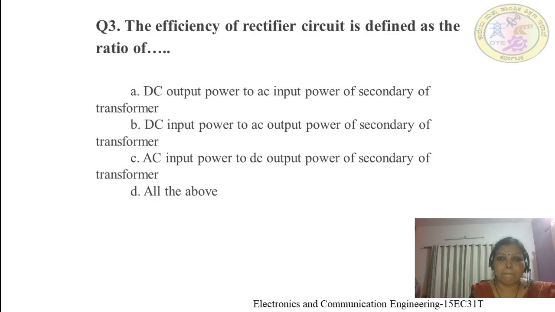Okay, what is the output in a rectifier, AC or DC? It is DC. What is the input to that? It is AC input. Hence the answer is A: DC output power to the AC input power of the secondary of a transformer.